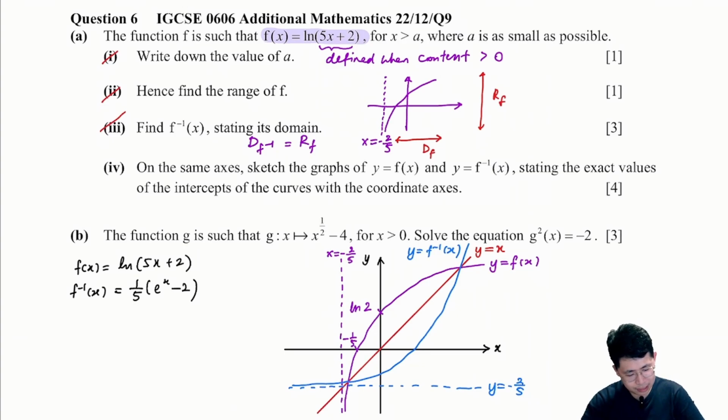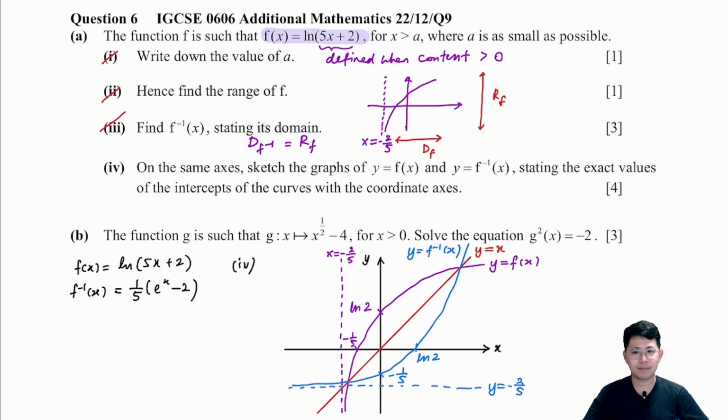In the same way, I suppose that this one over here would also be ln 2, and this one over here would be negative 1 over 5 as well. So this is how we sketch the graph of f, f inverse, and also label the axial intercepts. If you have a turning point, then you have to label that turning point as well. So this is the answer for part 4.